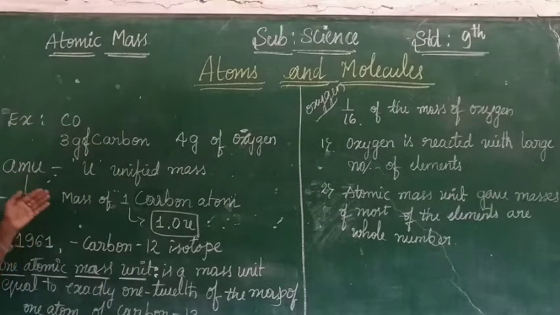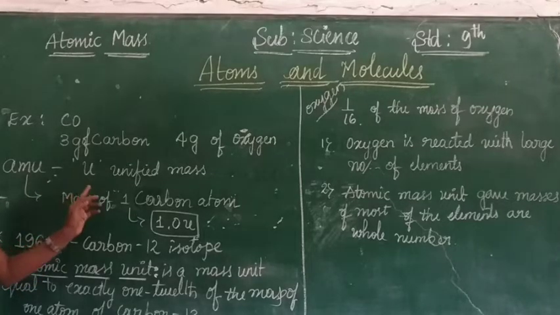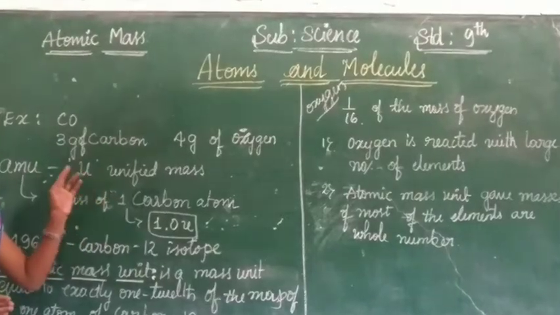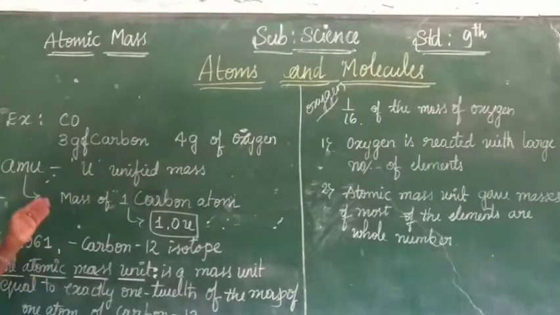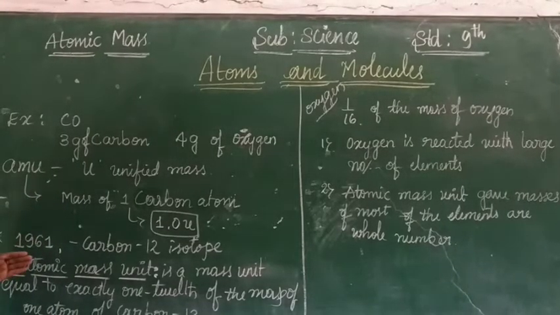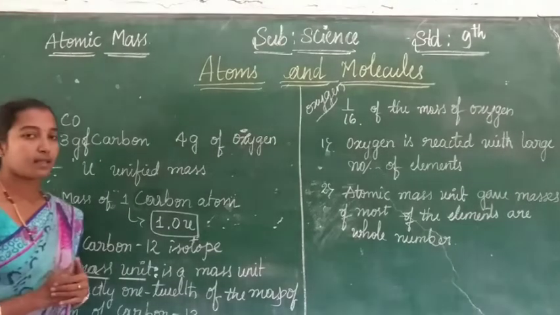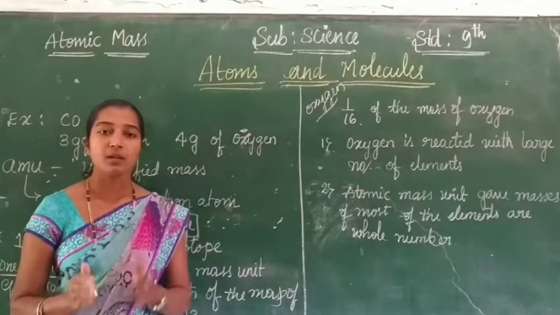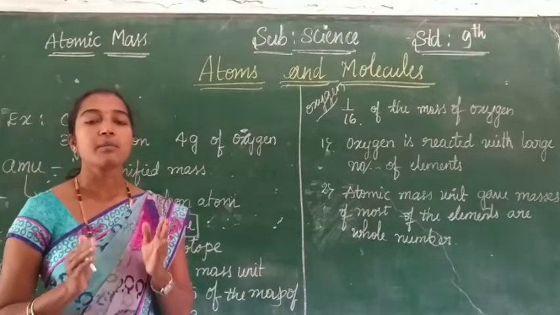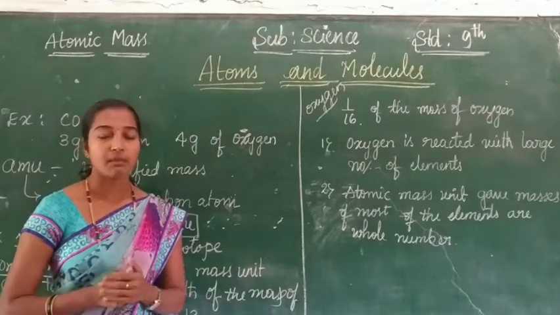One atomic mass unit is nowadays also represented as u. u is referred to as unified mass. Nowadays, the mass of the carbon 12 isotope is used as the standard atomic mass unit. Now let us understand the atomic mass unit and the carbon 12 isotope.